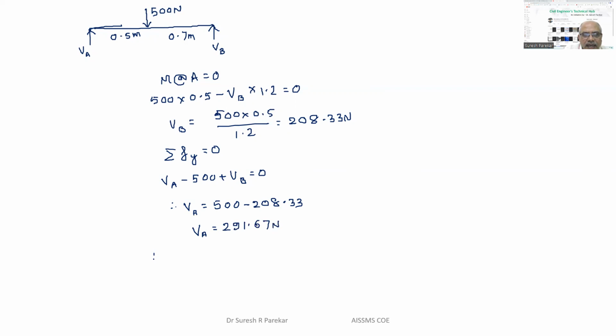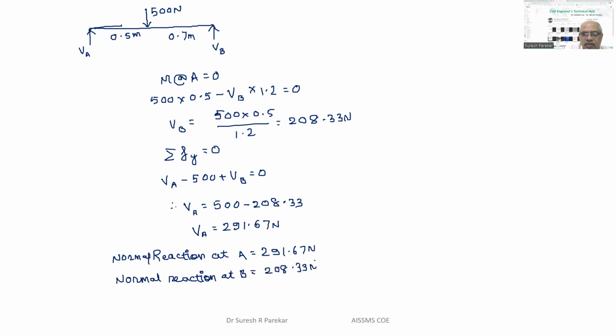So we can write the normal reaction at A equal to 291.67 Newton, and the normal reaction at B equal to 208.33 newtons.